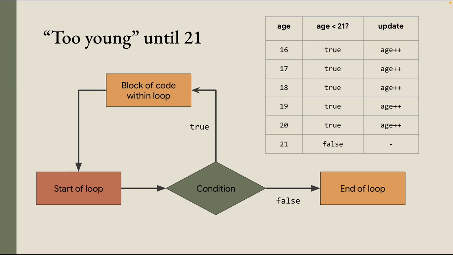Once age is 21, on our 6th iteration, age is no longer less than 21 because age is 21. So we're not incrementing the age anymore. That would have only happened in here if the age was less than 21. Make sense? All right. Other questions on this one?